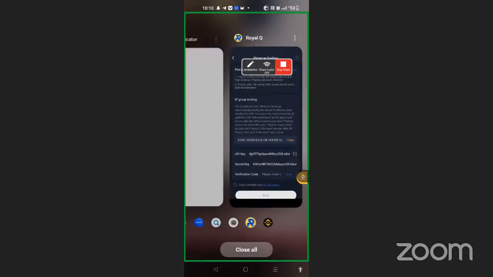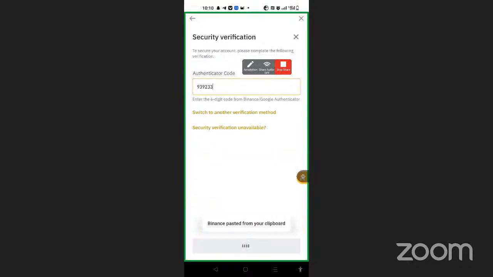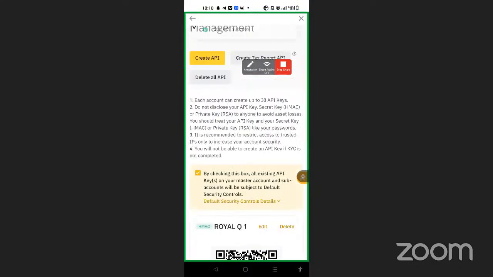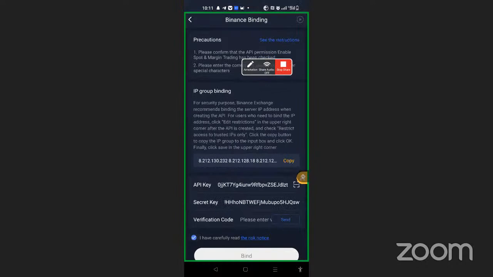Let me confirm with the Google Authenticator. Okay, so I'm done. So you see, when I come back to my Royal Q, I now tick here.